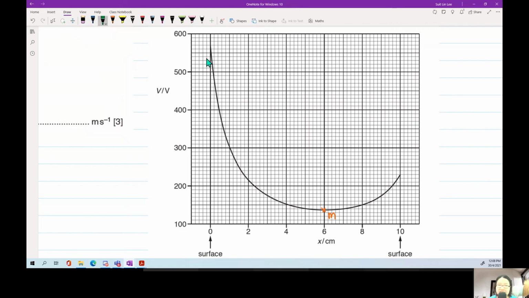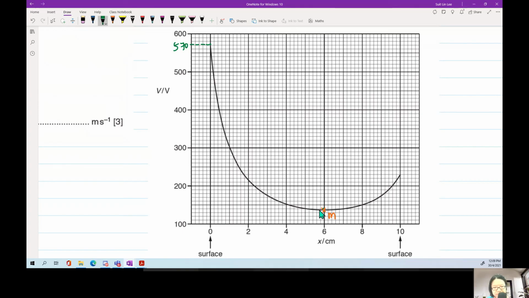Another way of looking at it is changes in energy. You have the largest delta V from the surface of A, which is here. Let me check the values. At the surface of A, this one looks like 570. And then here, this is 246.